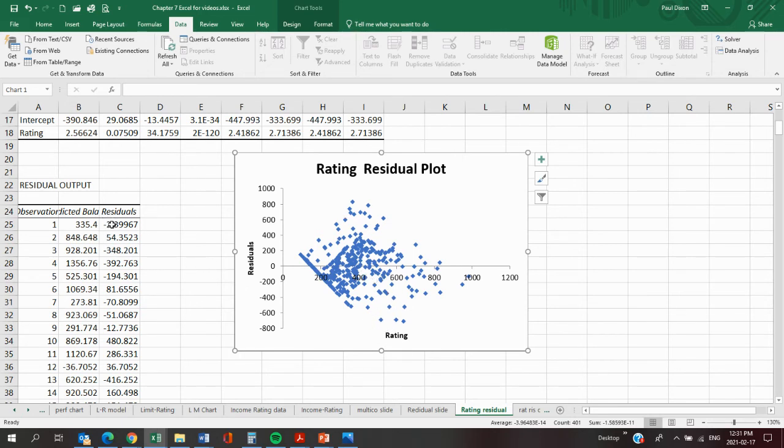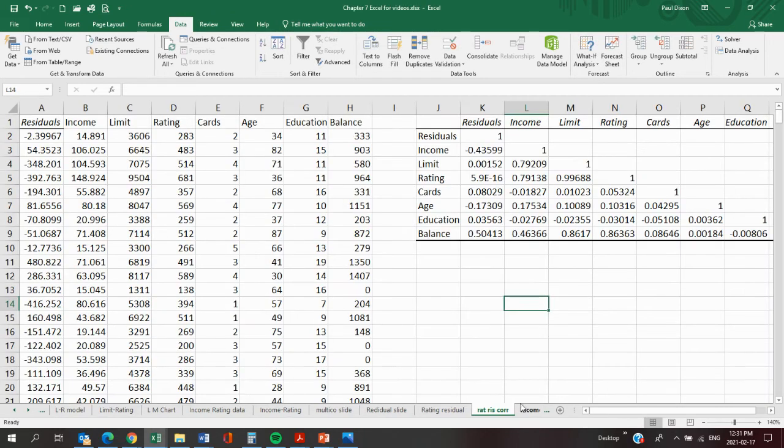Why don't I go and try to predict the residuals? So let me take the residuals. I copied them into a new column, and I copied all the other variables over with it. And then I looked at correlation. How can I predict these things? Which things seem to be related to my residuals?